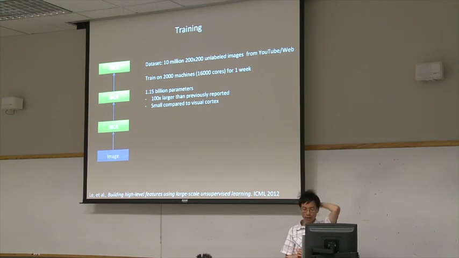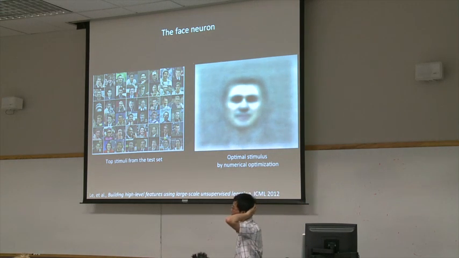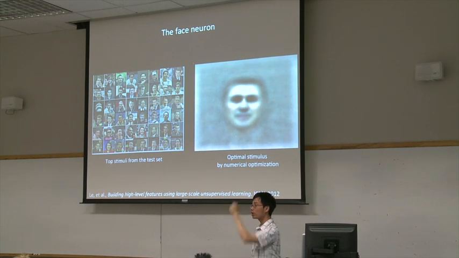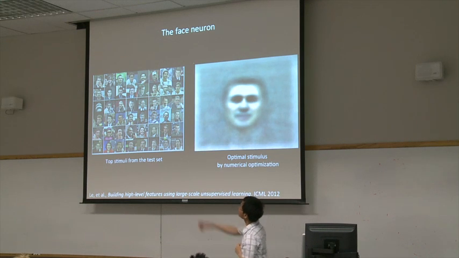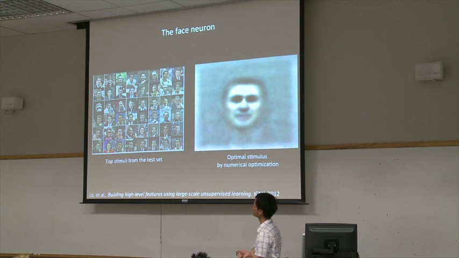Surprisingly, there's one neuron that is very sensitive to faces. When we visualize the top 100 images that it likes to see, they're all faces. One of them is actually not a face, but it looks very much like a face.